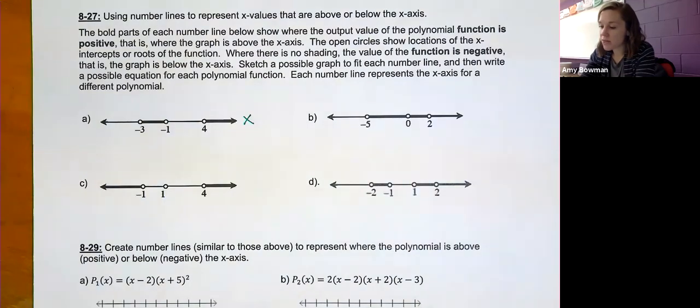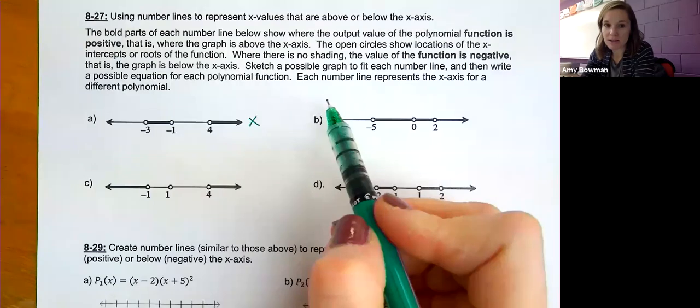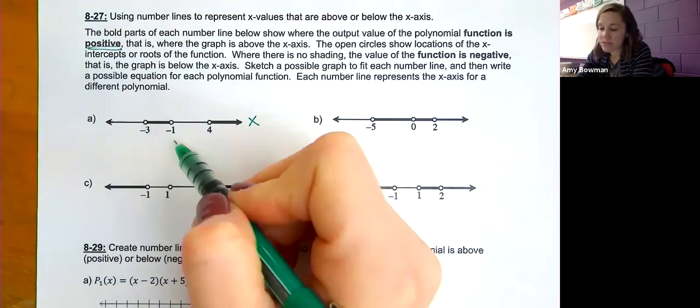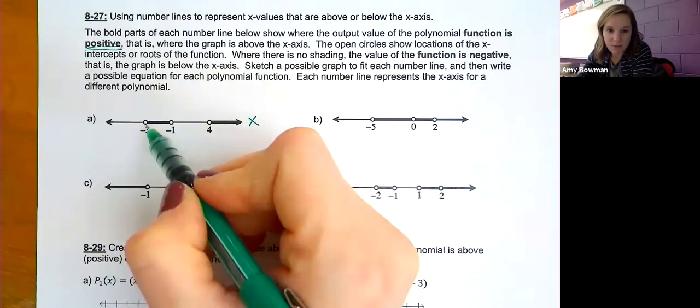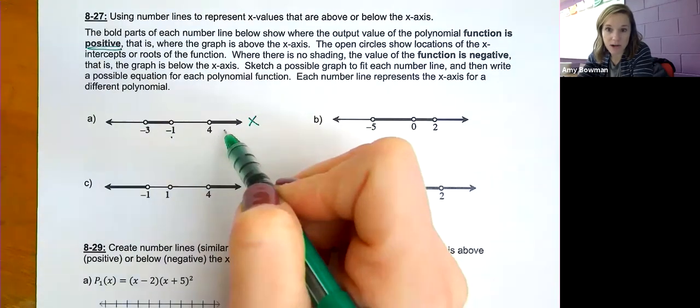So in this, the bold pieces represent where the function is positive, meaning if it's bold from -3 to 1, but it's not bold on the outside of those 2 points, then -3, -1, and 4, these are the zeros or the x-intercepts of the graph.